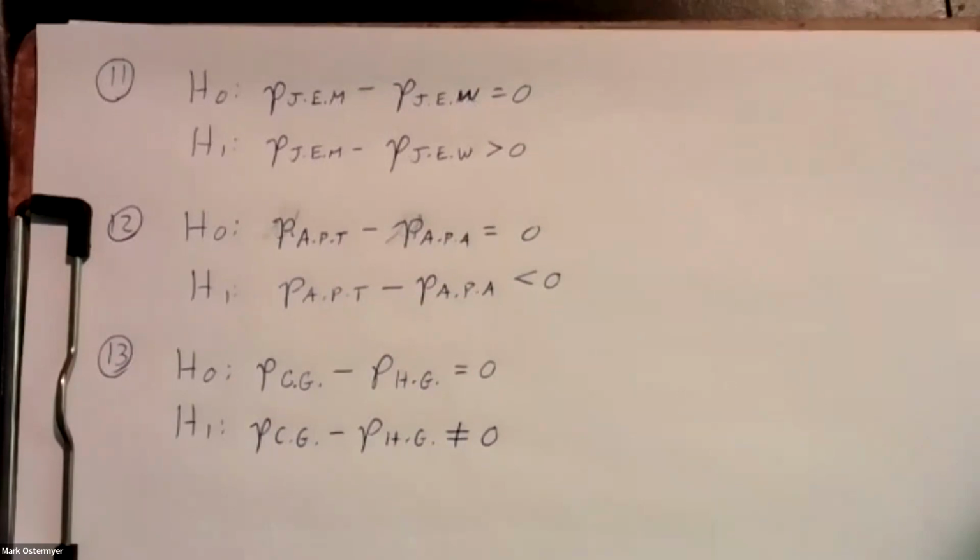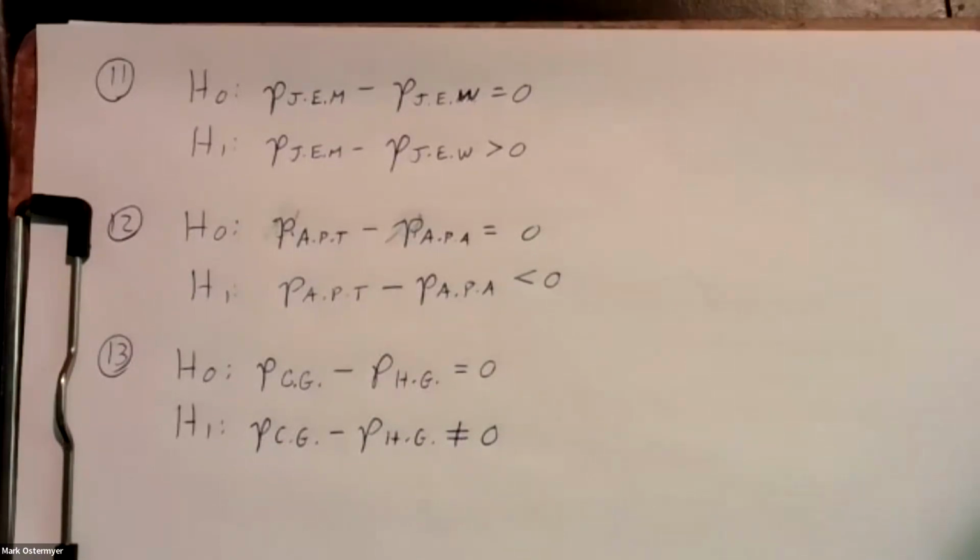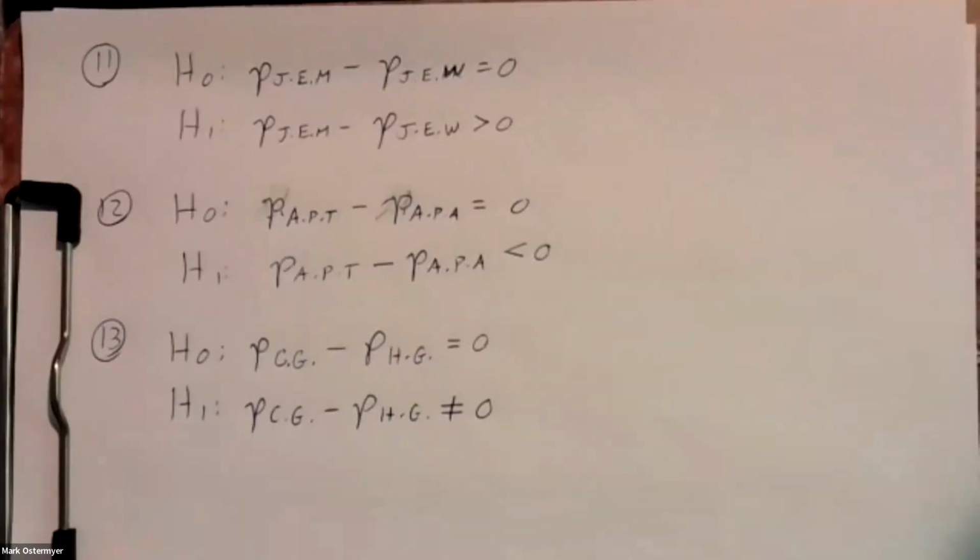Okay. All right. So now that we hopefully understand how to set up these hypotheses a little better, that will enable us to actually conduct hypothesis testing regarding two populations here. All right. So let's move on to section 9.2 now.